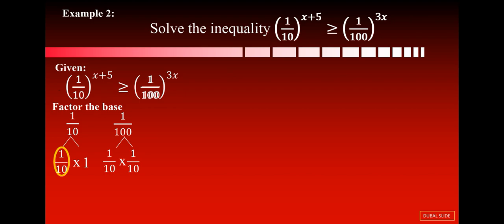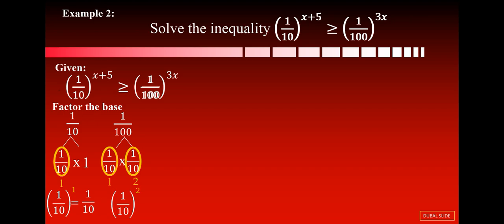We all know that the common factor between these two numbers is 1 over 10. Expressing this in exponential form, we have (1 over 10) to the power of 1, or just 1 over 10, for the base 1 over 10. And for the base 1 over 100, its exponential form is (1 over 10) to the power of 2.